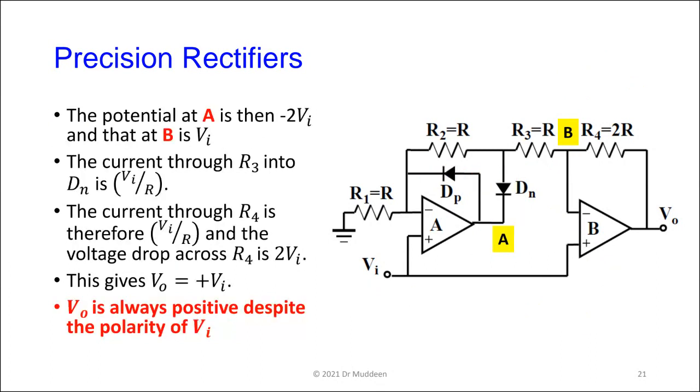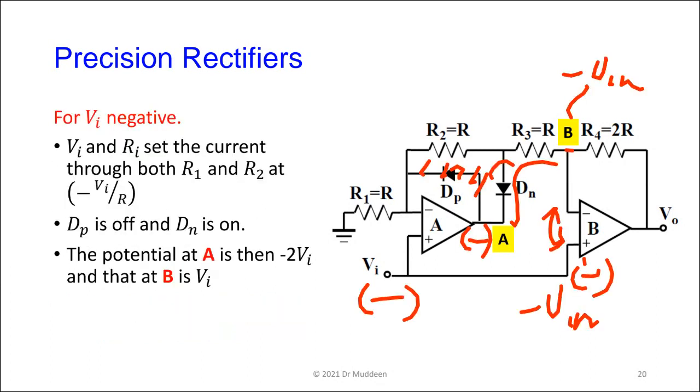Right, so the potential at A is minus 2 V in, and the potential at B is, I'm seeing V in, it should be minus V in. I think it should be minus V in there. Right, a little error inside of there. So just notice that that's supposed to be minus V in. I'll correct that in the notes for you, right?